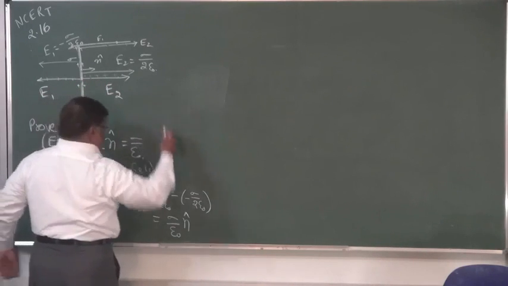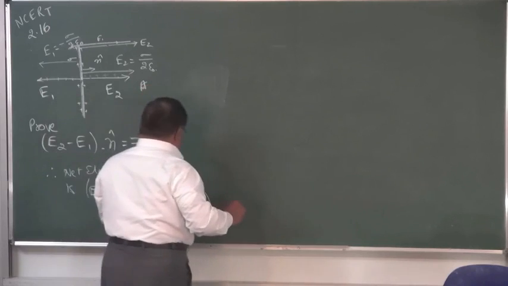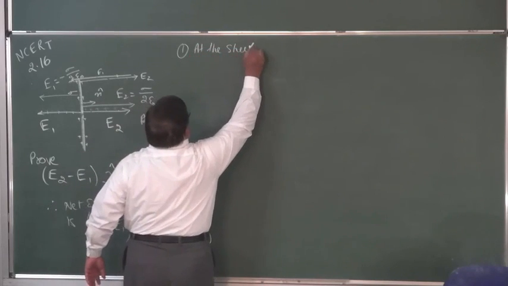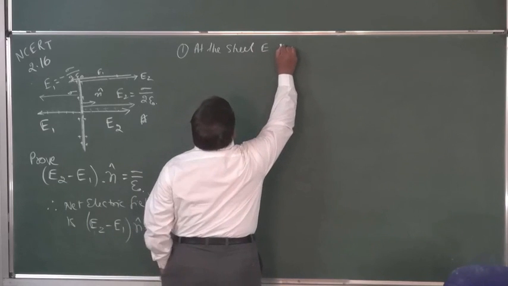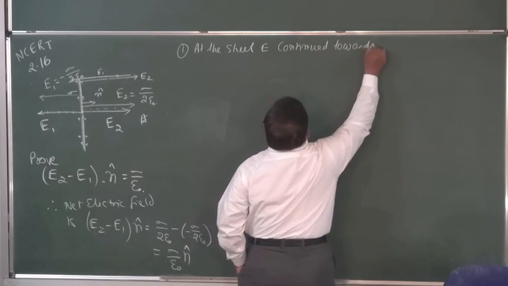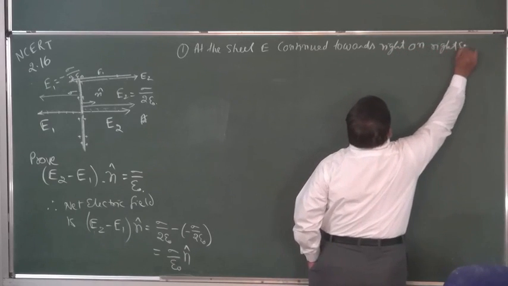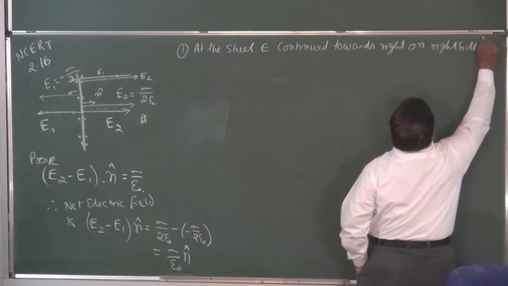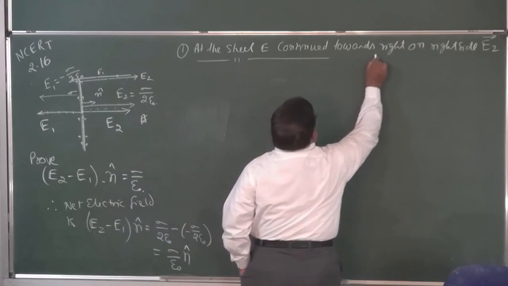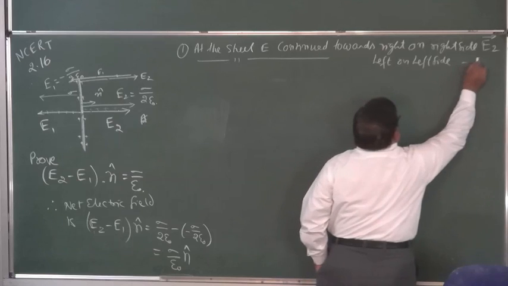So we can write it at a sheet. Continue towards right, on right side, and this is E2. Left, on left side, E1.